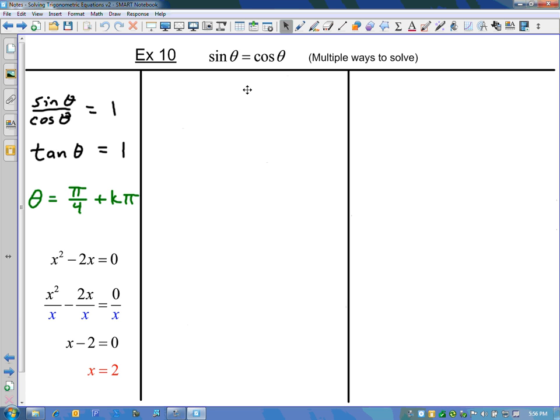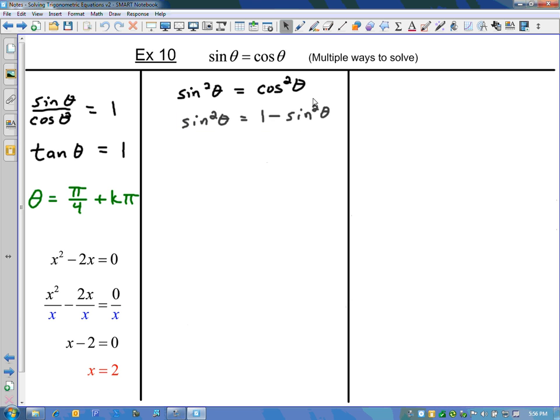And another way to look at it is, let's say instead of dividing, I want to use the Pythagorean identities to switch one out for another. So in that case, we would square both sides. So I have sine squared equals cosine squared, and therefore I can make a substitution.